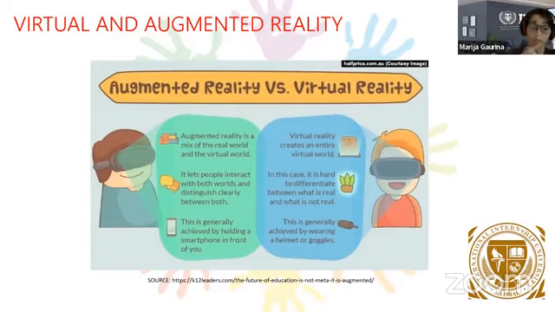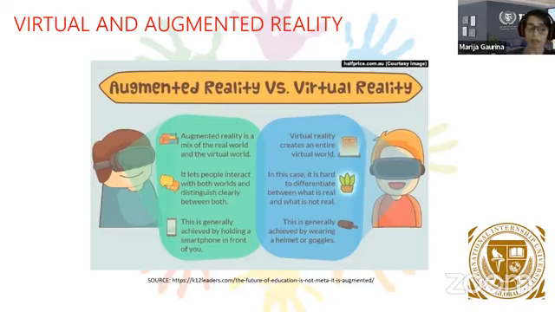These are two emerging technologies that are transforming the way we learn and interact with the world around us, of course. While VR and AR have some similarities, as you can see, there are also distinct differences that make them unique. Virtual reality, as I mentioned before, is a technology that creates a simulated environment in which users can interact with digital objects or space.